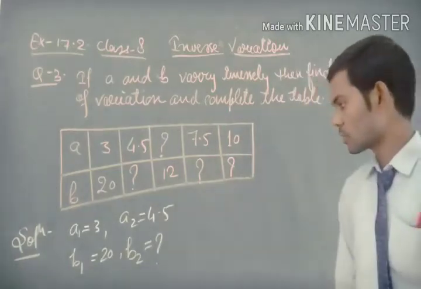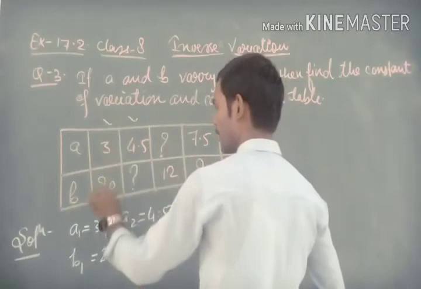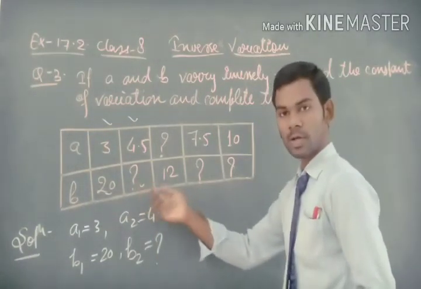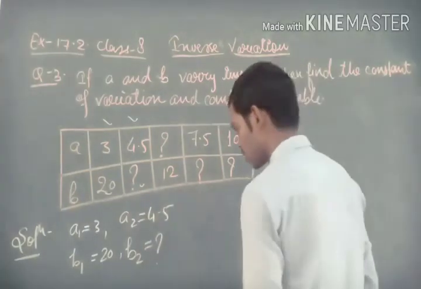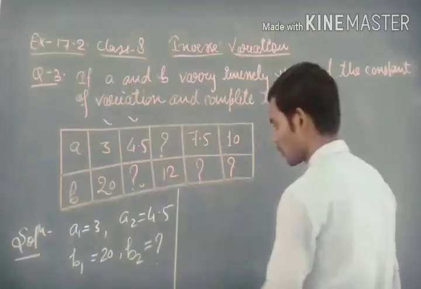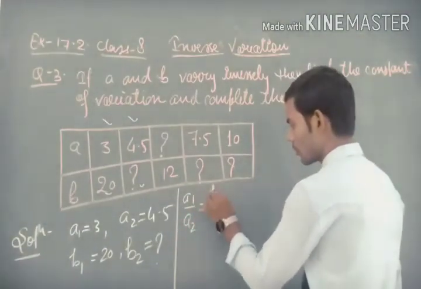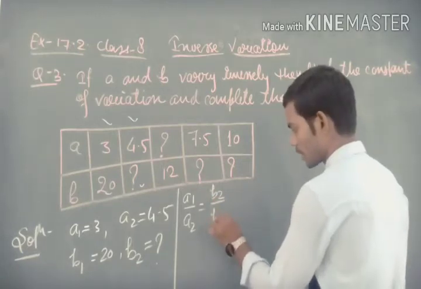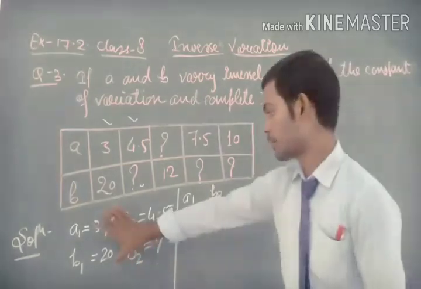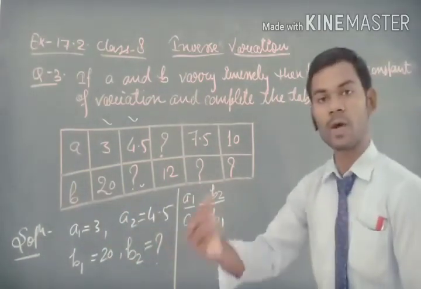Here I just take two values of A and B to find the value of this. So let's start the solution.